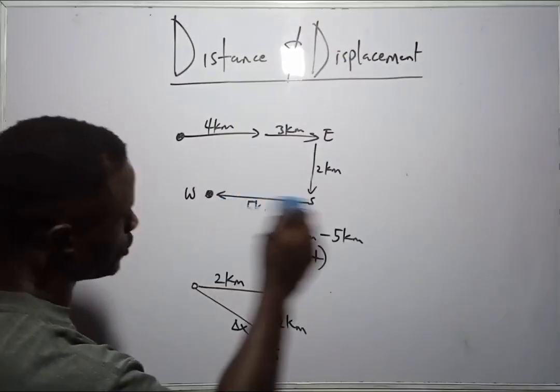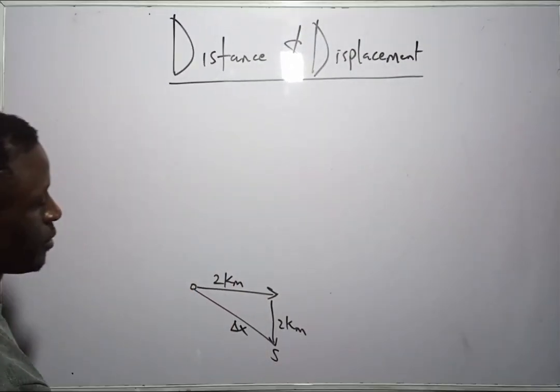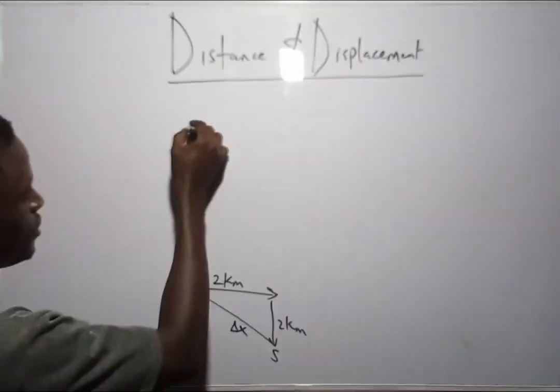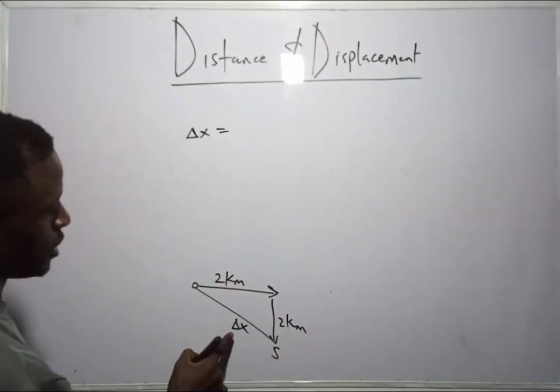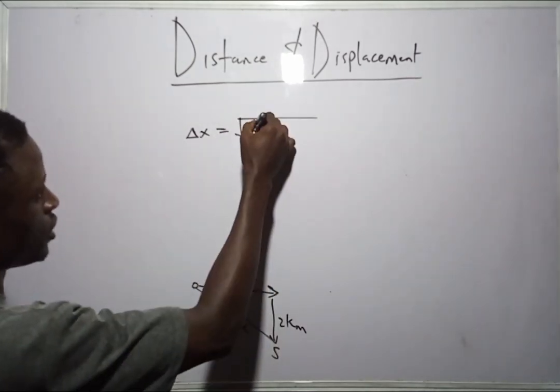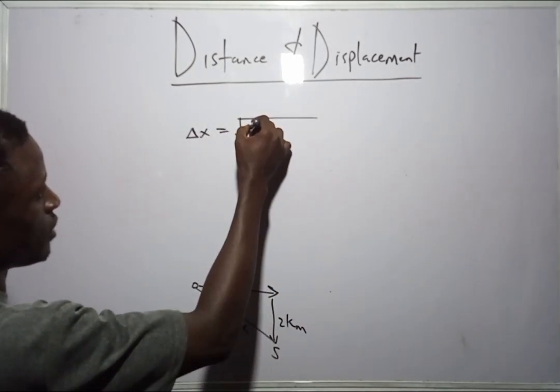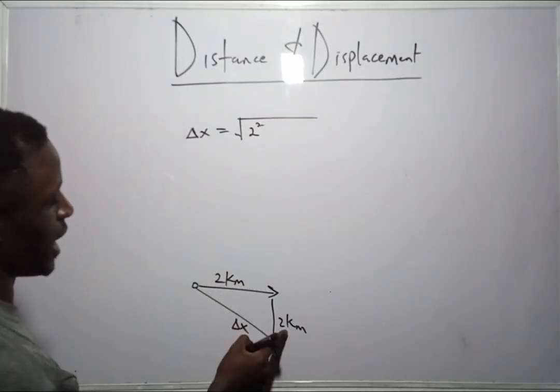You can solve this using Pythagoras theorem. Now this is my hypotenuse. How do you find the hypotenuse in a right angle triangle? Your hypotenuse is going to be the square root of this side squared, the adjacent side squared, plus the opposite side squared.